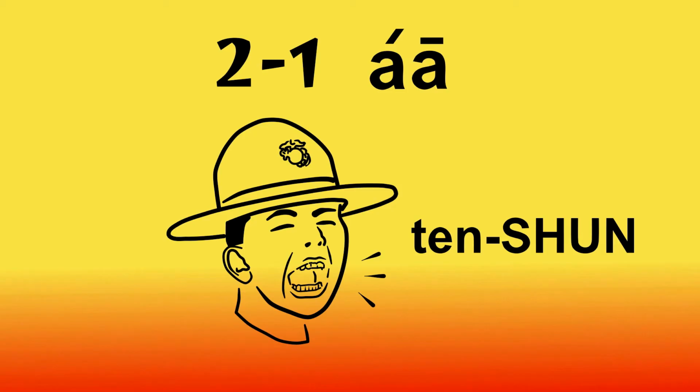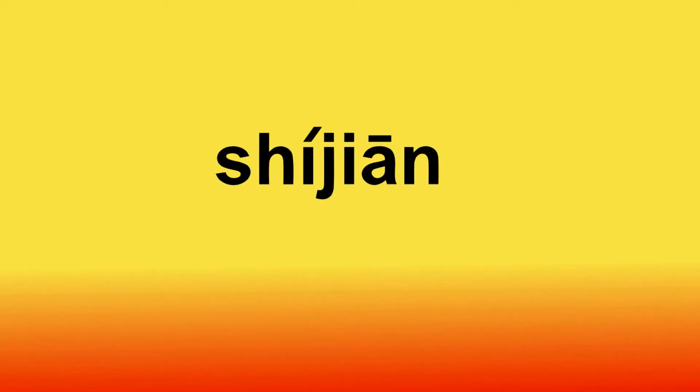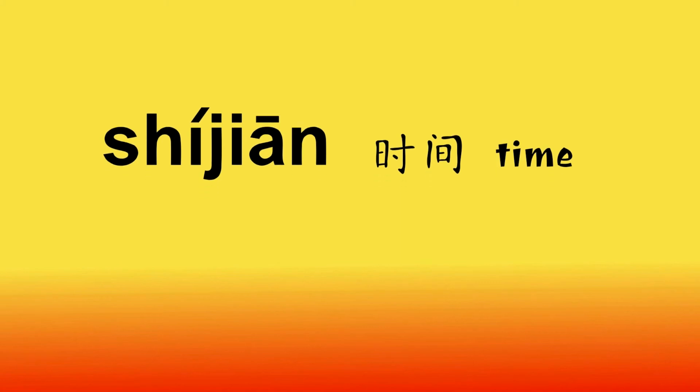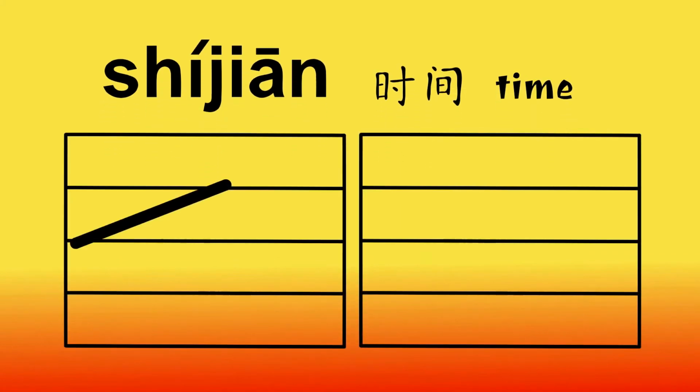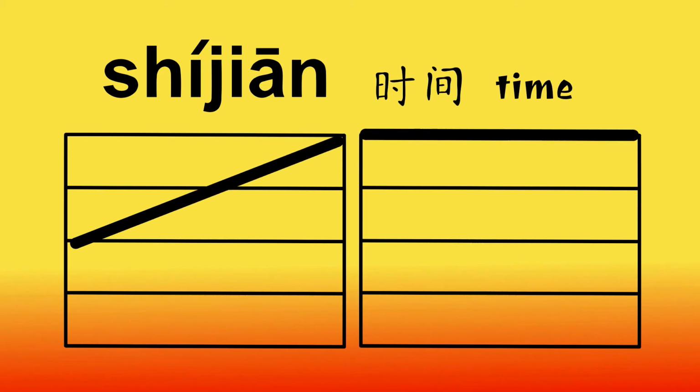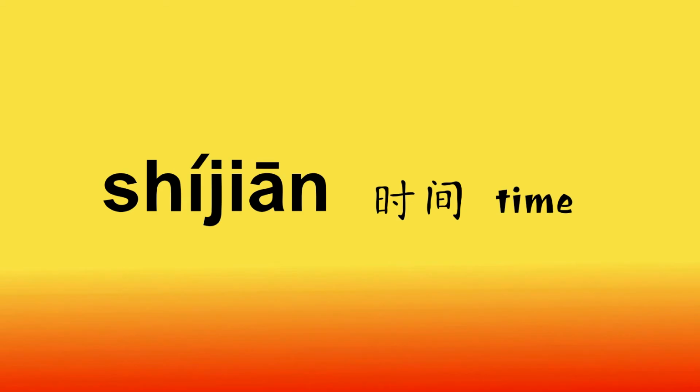The model word for this combination is 时间, meaning time. Here's how it sounds. 时间, 时间, 时间, 时间. Now copy it. 时间, 时间, 时间, 时间.